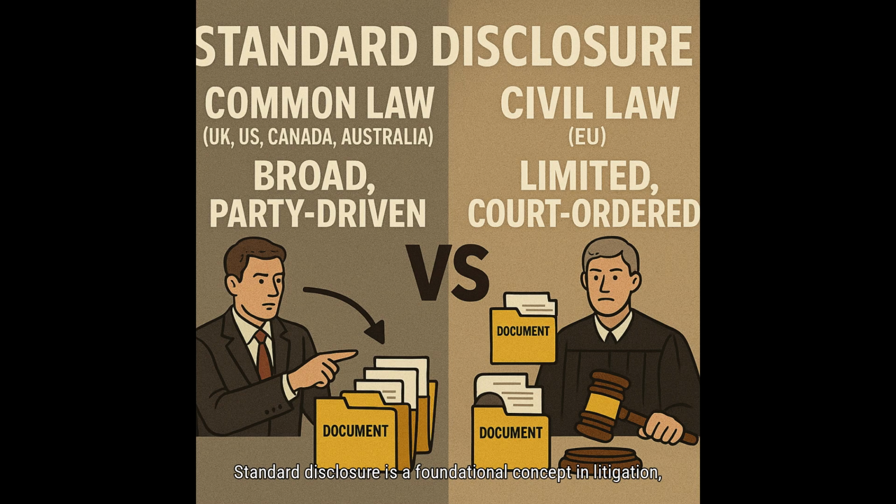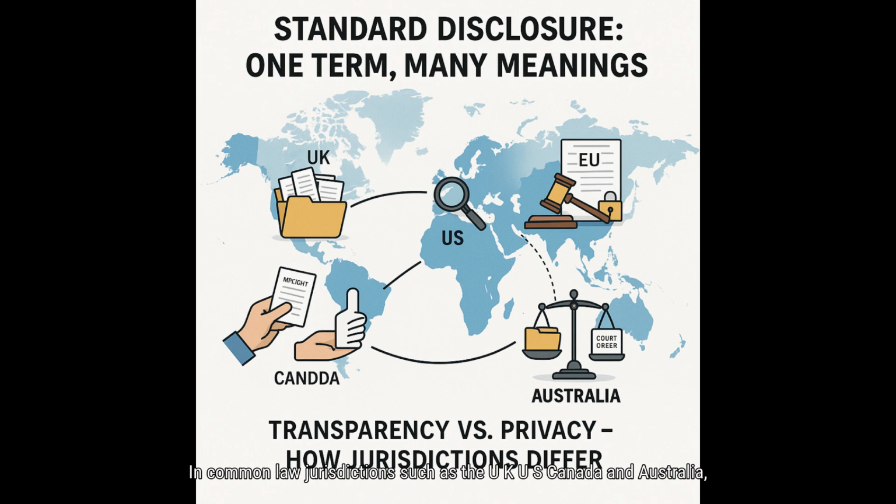Standard disclosure is a foundational concept in litigation, but its scope and application vary significantly between common law and civil law systems. In common law jurisdictions such as the UK, US, Canada, and Australia, standard disclosure generally requires parties to identify and disclose all documents relevant to the issues in dispute, including those that support or undermine either side's case.